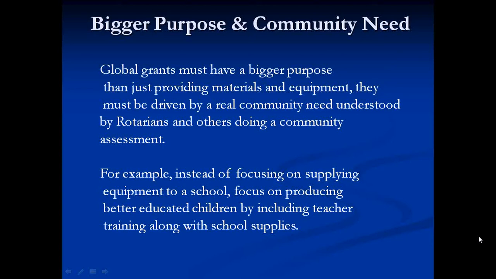If you're trying to do a grant without meeting a community need, then the help that the community should be giving you will not be there. For example, instead of just supplying material and equipment for a school, you ought to be worried about getting a better education for the children and helping the teachers become better teachers.